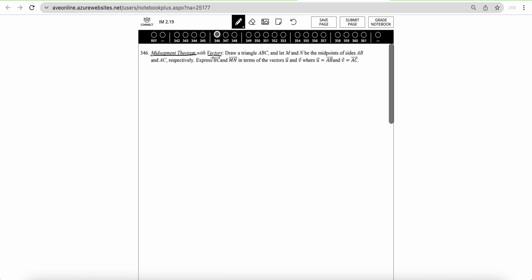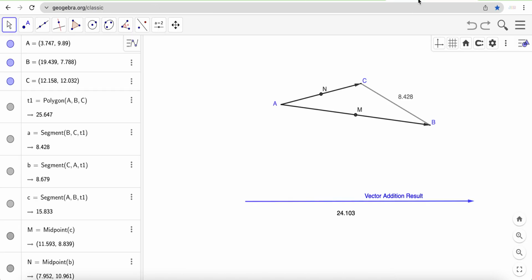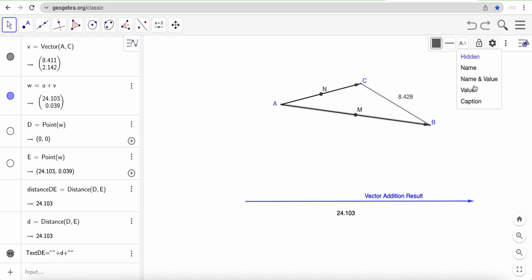So express, remember this sign means vector, express BC and MN in terms of vectors U and V, where U is AB and V is AC. So I'm showing that here. Maybe I'll label this vector, so I'll put its name here. Oh, it's choosing the segment. One second.